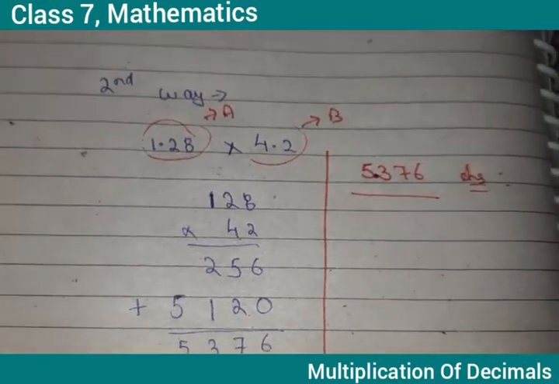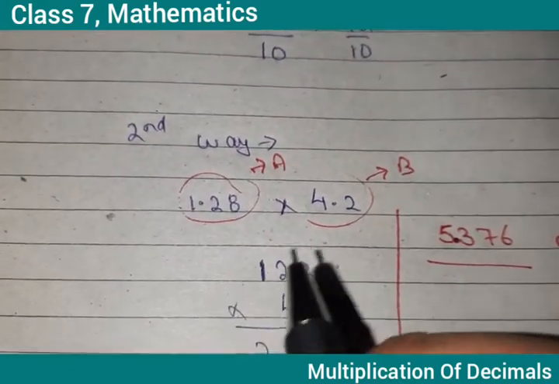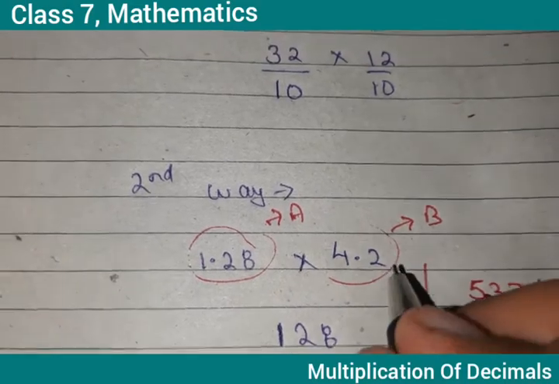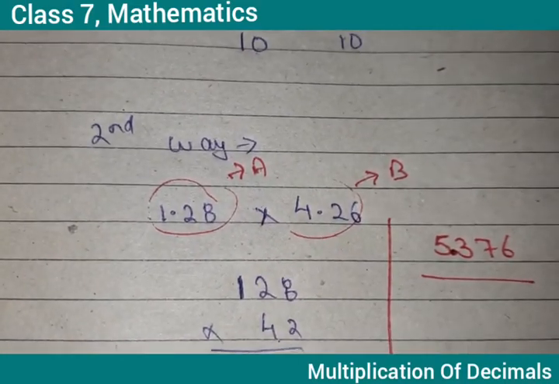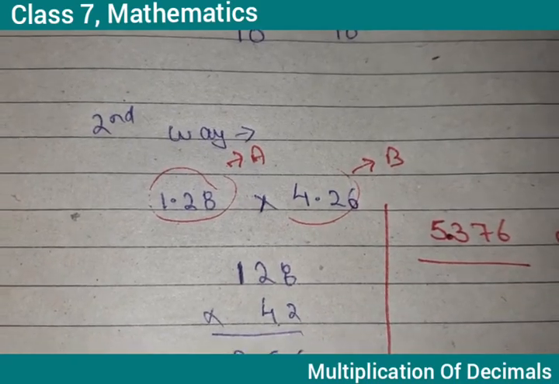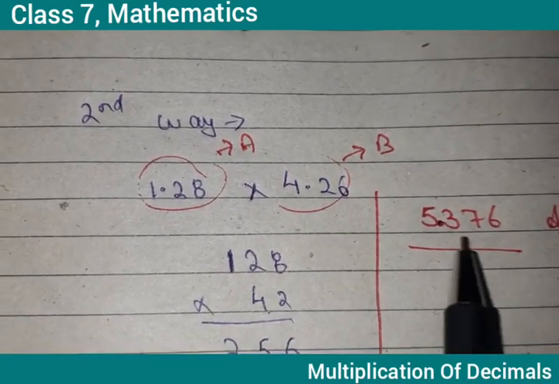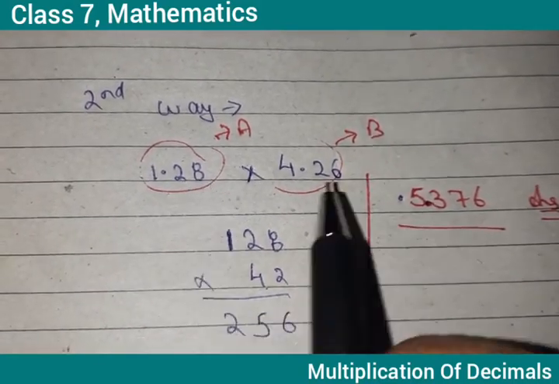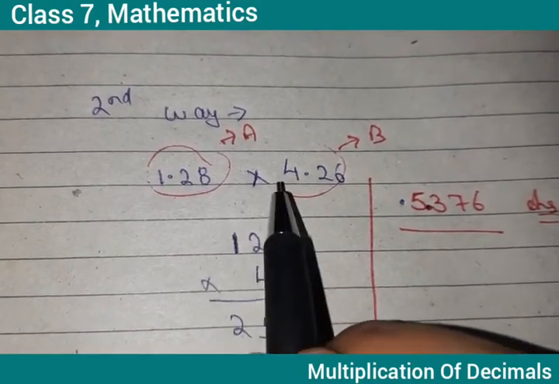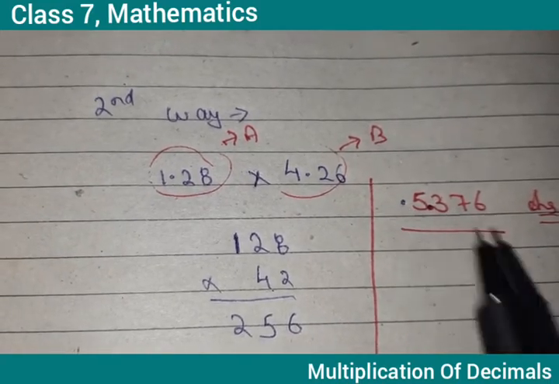For example, if it would have been 1.28 into 4.26, where would we have placed the decimal? We would have placed the decimal here. Why? Because 1, 2, 3, 4, total number of digits after decimal is 4. So 1, 2, 3, 4, the decimal would have been here.